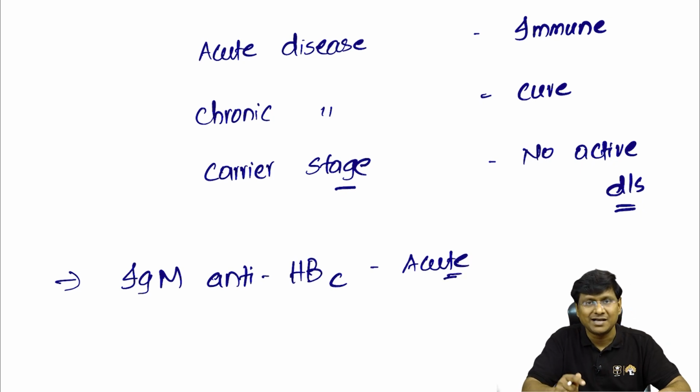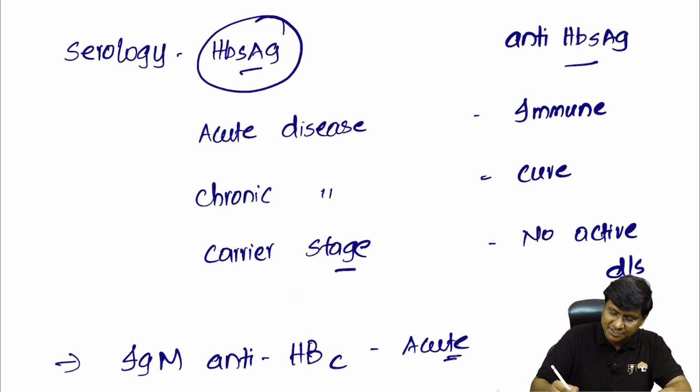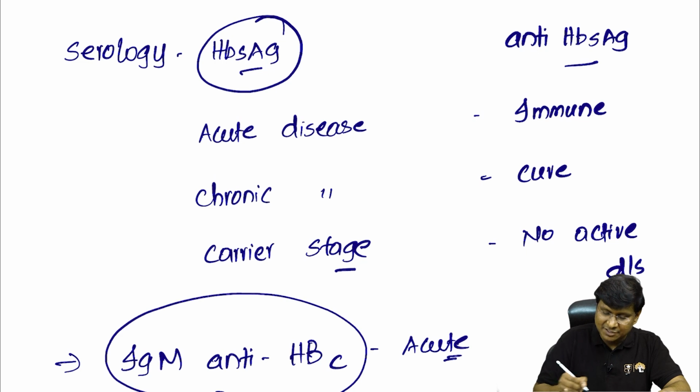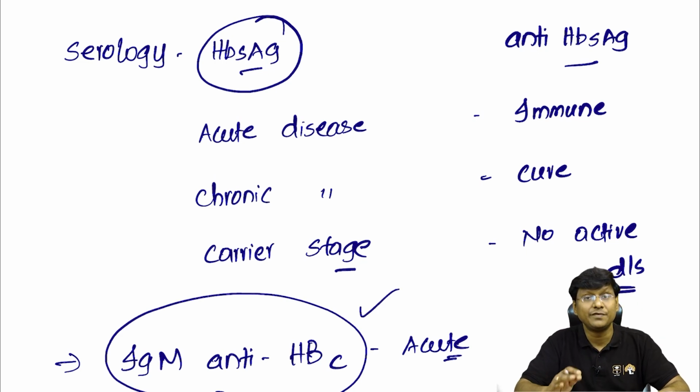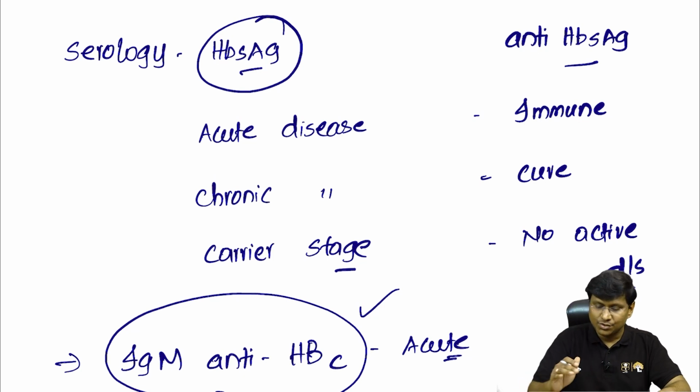Now if the question is asked, what is the serological marker which will test for acute viral hepatitis, and both the options HBsAg and IgM anti-HBc are given, you should go for IgM anti-HBc, not HBsAg. Why? Because HBsAg is definitely the first serological marker that will appear, but HBsAg is not positive only in acute. It can be positive in chronic, and even in the carrier stage also, right?